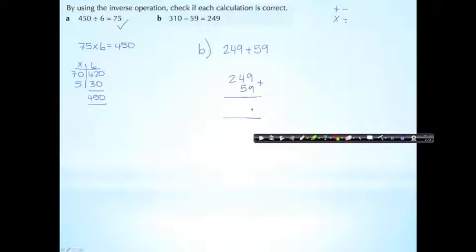This answer, 310, it's not ending in 8, so that is not equal to 310. Okay, so that's just a quick check to make sure that we've done the calculations correctly.